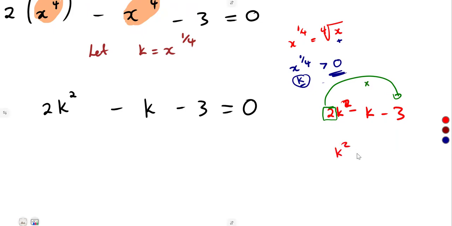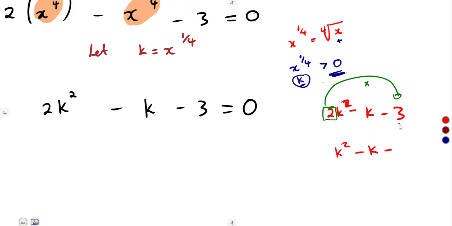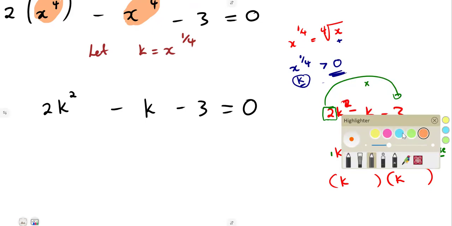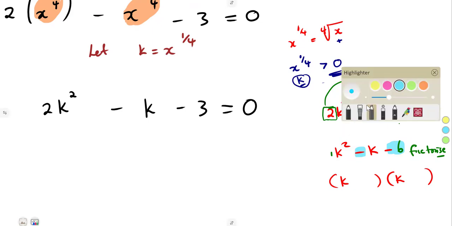This is going to be k squared minus k minus 6, since 2 times negative 3 is a negative 6. Then factorize. You are used to this part where the coefficient of k squared is 1, so you can simply factorize directly. This is k minus 6. What are the factors which add up to a negative 1?